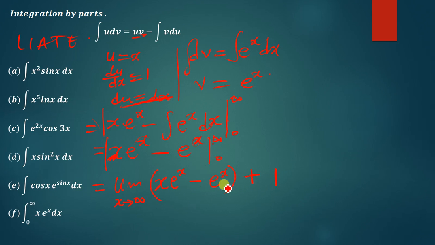So this can also be simplified as the limit as x approaches infinity of x e to the power x minus e to the power x, plus 1, still the same. So this is how you can write it. This is the final solution for this expression.